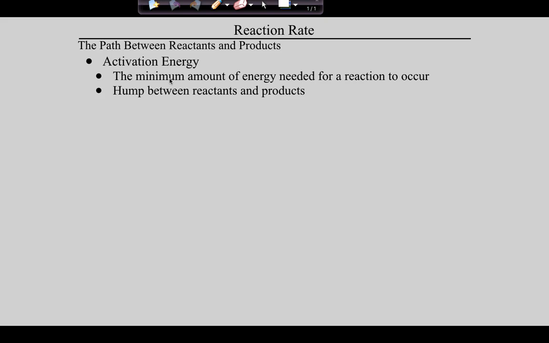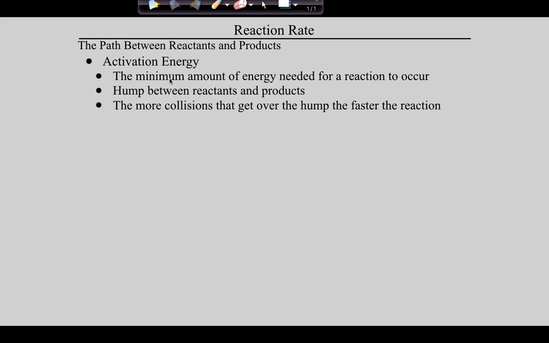Well, guys, the same thing is true in reactions. There's a hump that separates reactants and products. And if they don't hit with enough energy to get over the hump, they don't make it to Salt Lake. They don't complete the trip. So, guys, this then determines how fast a reaction goes. The more collisions that get over the hump, the faster the reaction goes.